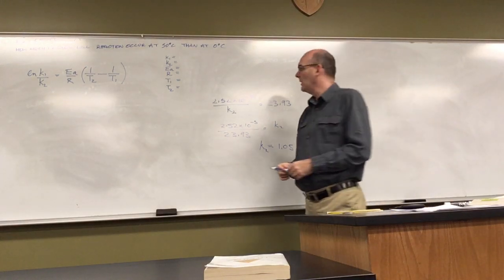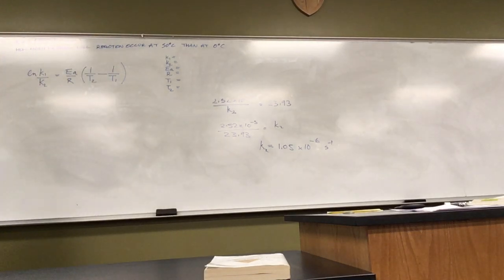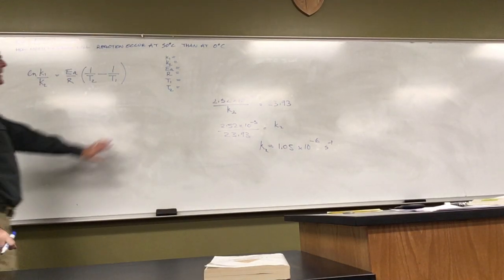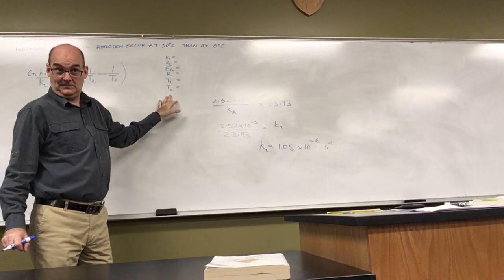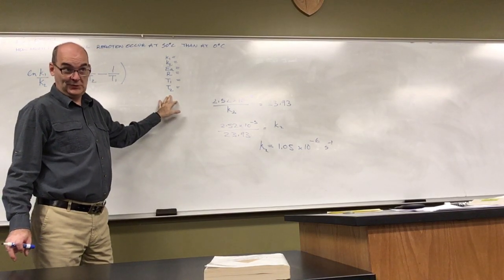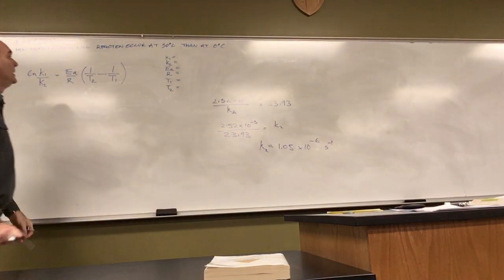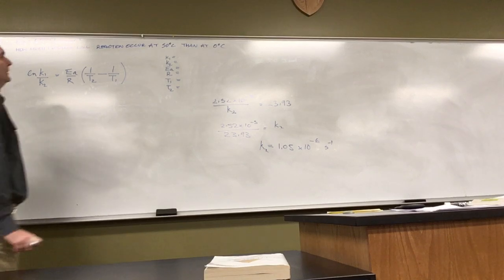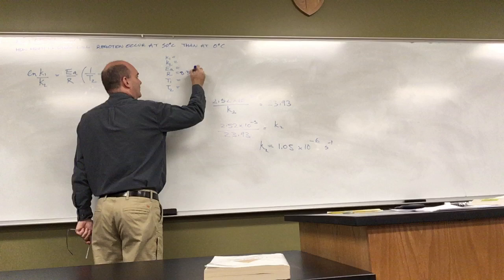Okay. We've got the equation. We've got our little table. Let's put the numbers that we can divine from the equation, from the question, into our table. Okay, first things first. R is a constant.